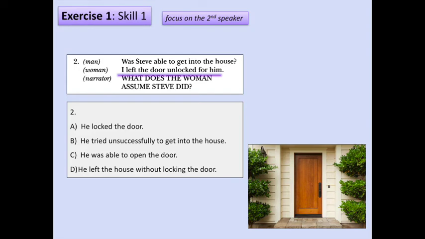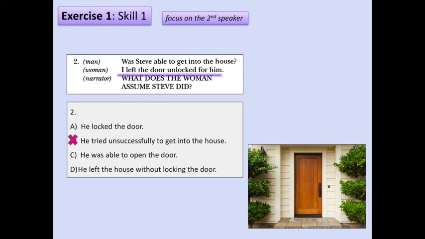This is what you heard. So let's focus on the second speaker and choose an answer that means the same thing or make an intelligent guess based on what this second person said. So the woman said, I left the door unlocked for him. A is not correct. We didn't say anything about locking a door.